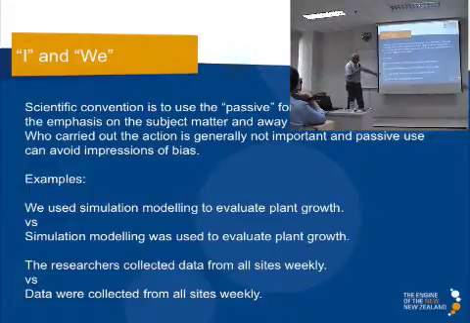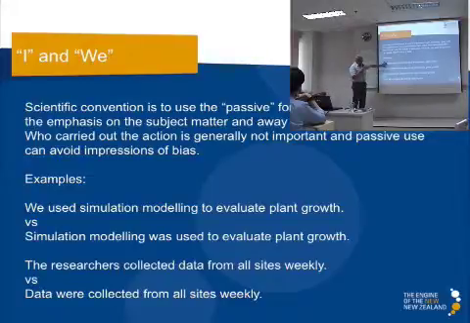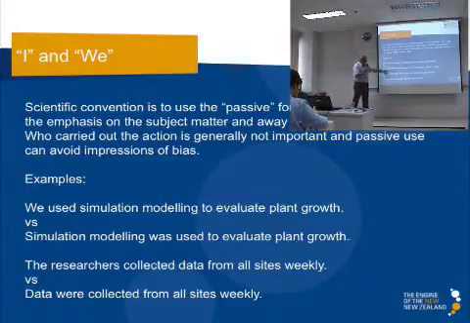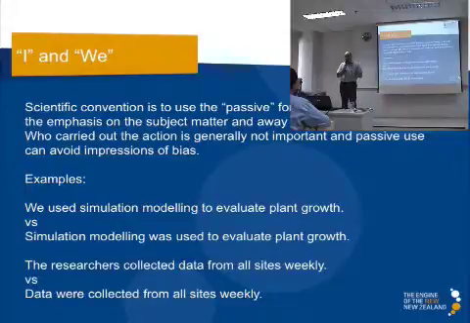So you can see the emphasis here and here is on the science. Where you see we use simulation modeling, you immediately think, well, what else could they have used? Why are they telling me that? Whereas here, it's a straightforward statement. Simulation modeling was used. You can make up your own mind about whether that's appropriate, but you're not thinking about the scientists themselves, you're thinking about the scientific method that was used.